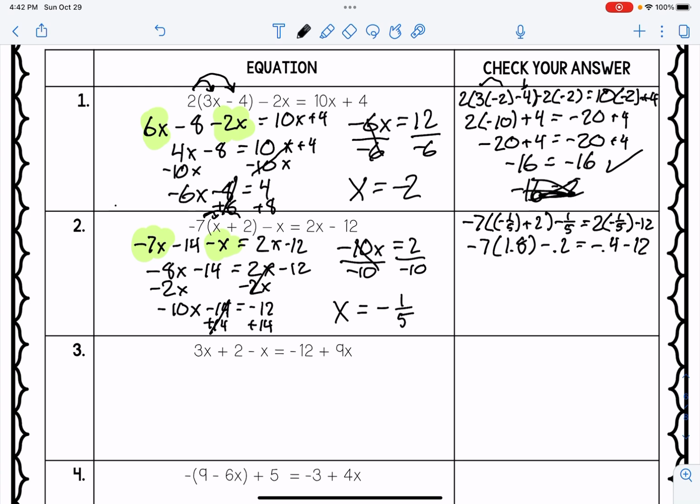Get my calculator out here. Negative 7 times 1.8 is going to give us negative 12.6 minus 0.2.